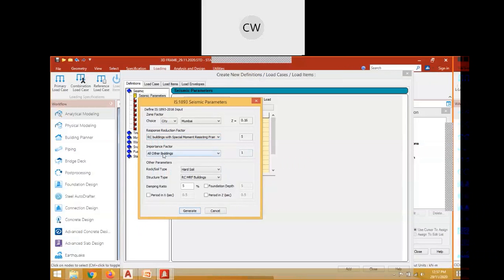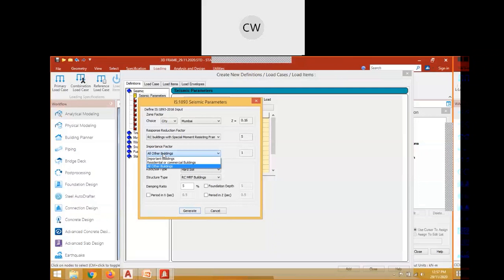Now the next thing is you have to define the importance factor. In the new code, IS 1893 2016, there are 3 types: important building, residential or commercial building, and all other buildings. Previously, in the older version, 1893 of 2002, there were only two types defined, important building and other buildings.